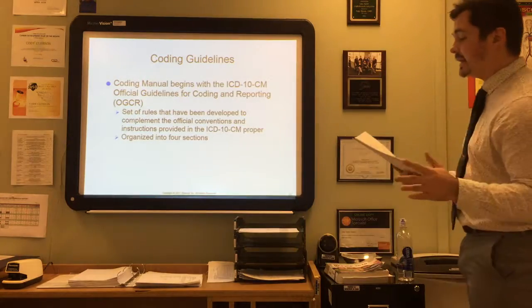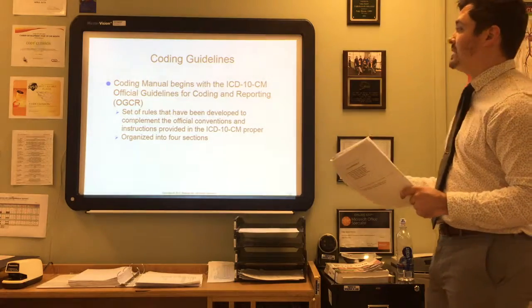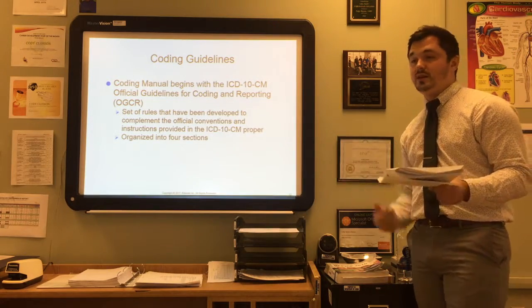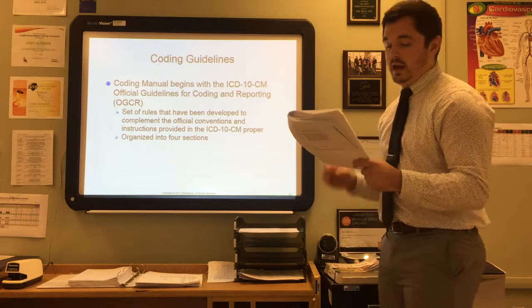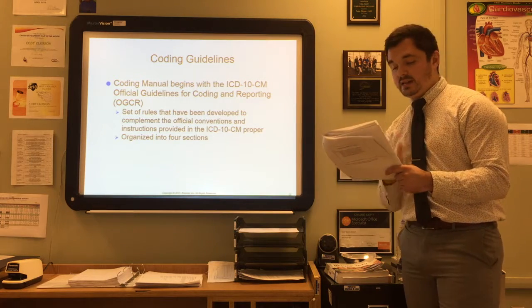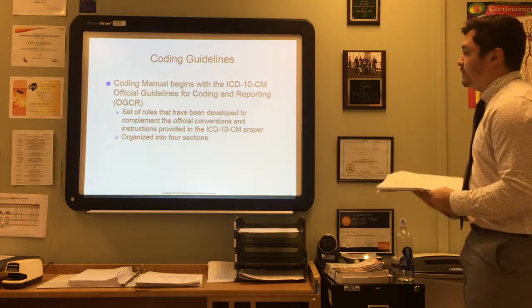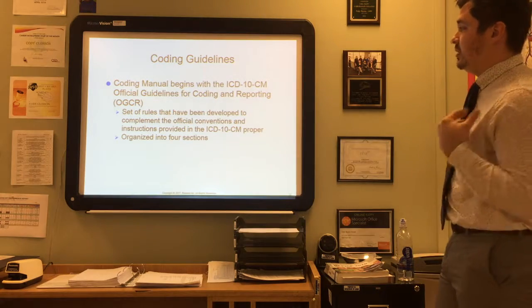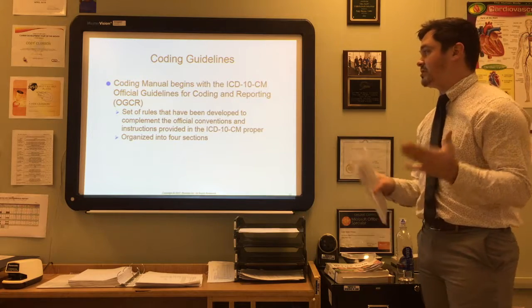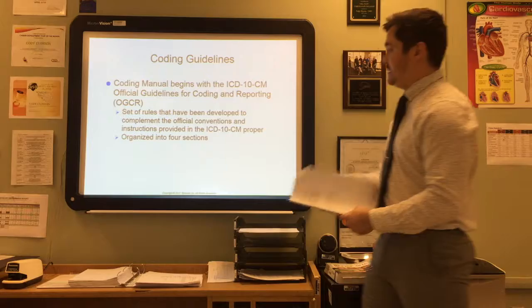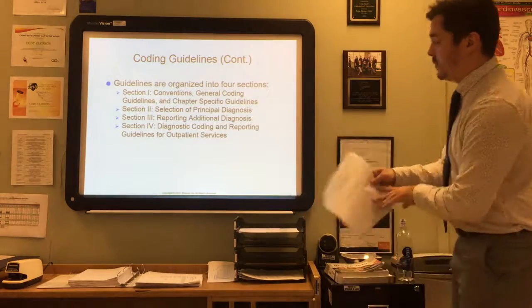All right, so coding guidelines. The coding manual begins with the ICD-10 official guidelines for coding and reporting, so the OGCR. And basically, every coding guideline within the entire ICD-10 CM code is included in this section. So it's a set of rules that have been developed to complement the official conventions and instructions provided by the ICD-10 proper. It's organized into 4 sections, and here are those 4 sections.